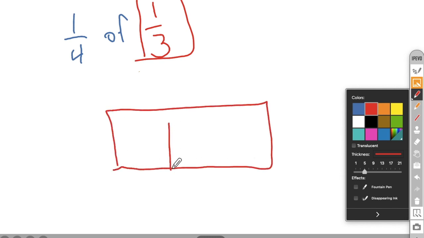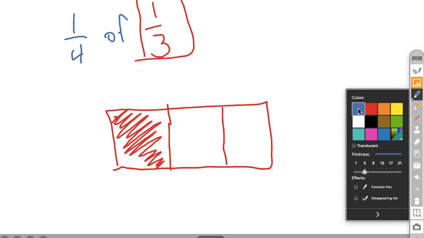Okay, we got thirds right there. We shade in one of those three. And now we want to take our third and cut it into 4 more parts. I recommend you always cut horizontally, so sideways like that.